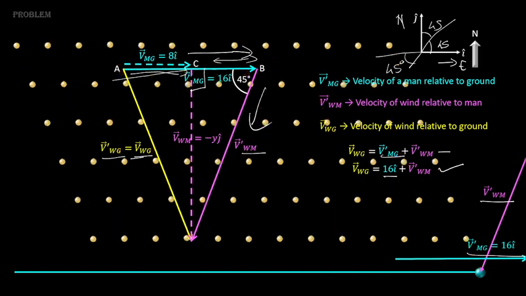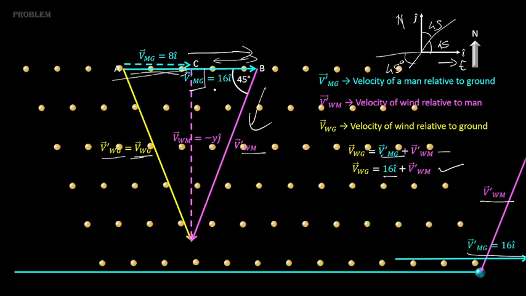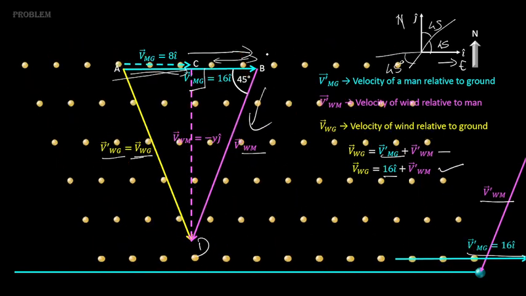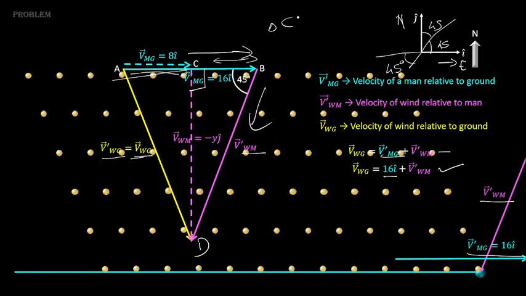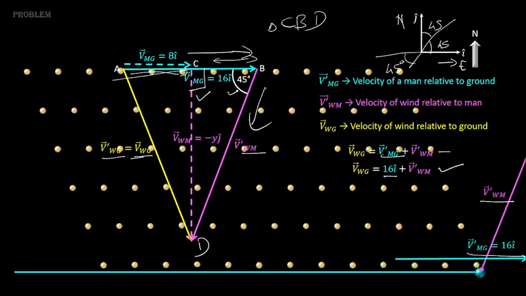Now this angle is 90 degrees. So in this triangle, I write D here. So in the triangle CBD, one angle is 90 degrees, other is 45. So obviously this angle will also be 45.